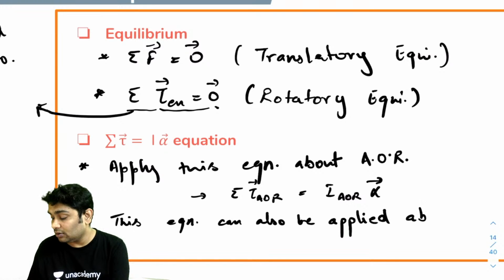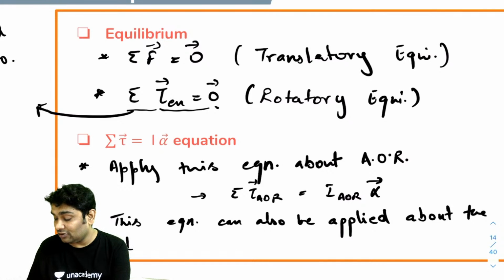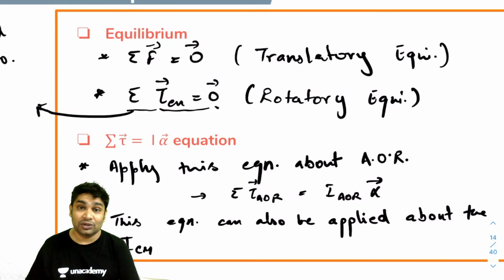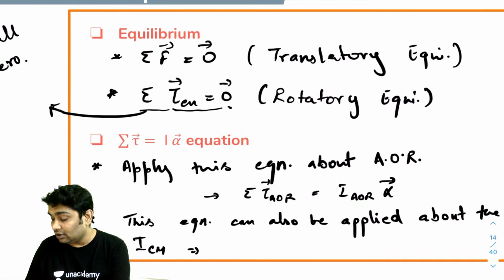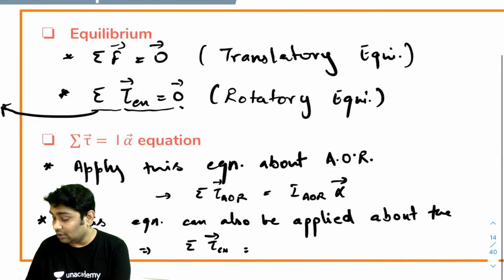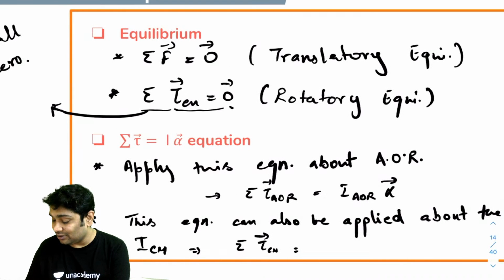About that also you could have written summation tau about CM would be equal to I_CM times alpha. This will always work.